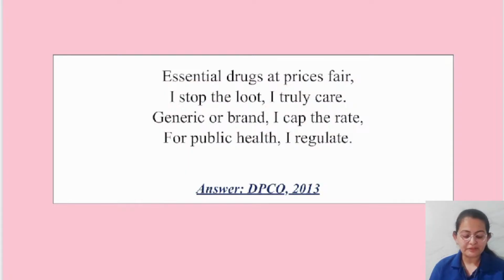This is the DPCO of 2013, which caps the prices. No company can set the price very high for profit so that a layman cannot get essential drugs. So this act ensures prices are fair and under control. Every human has the right to these medicines, and the essential ones have been declared by the act.